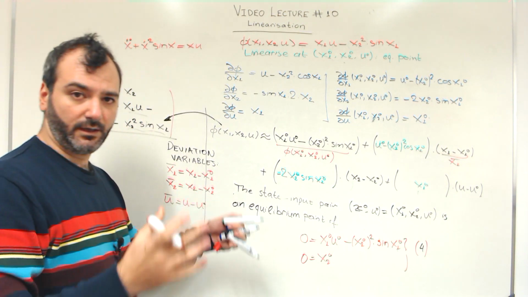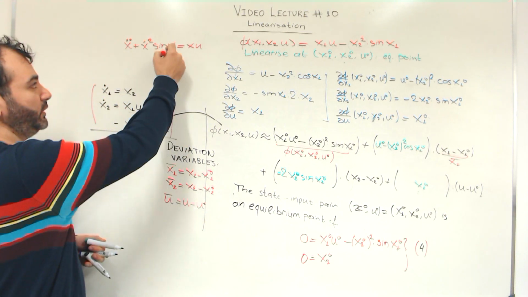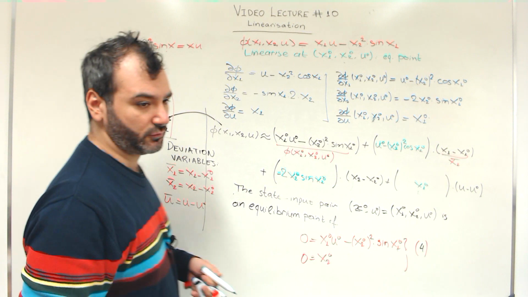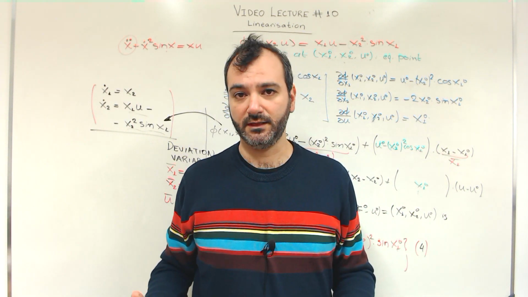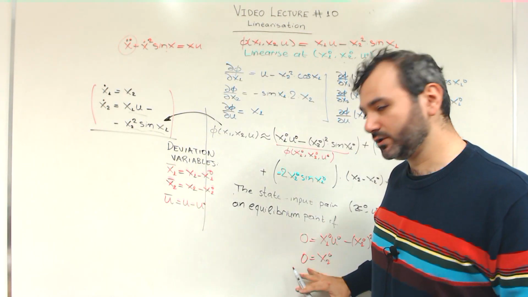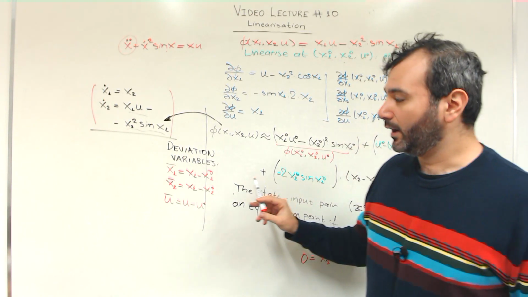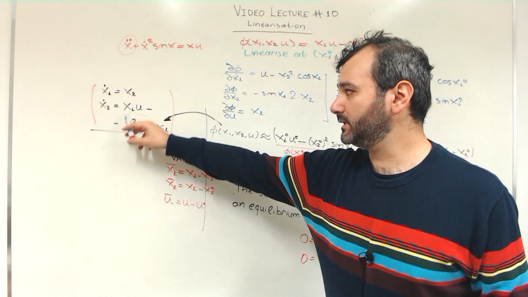In conclusion, like a summary of what we did here, we took this differential equation. We noted that it is a second order equation. We derived the state space representation of that. Then we determined the equilibrium points. We determined these conditions which must be satisfied for the equilibrium points. Then on the state space representation we identified some nonlinearities.